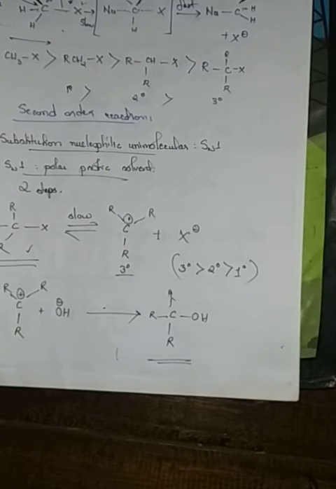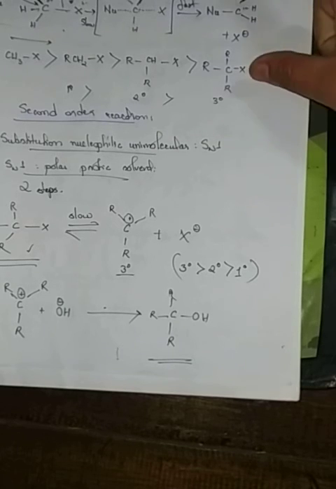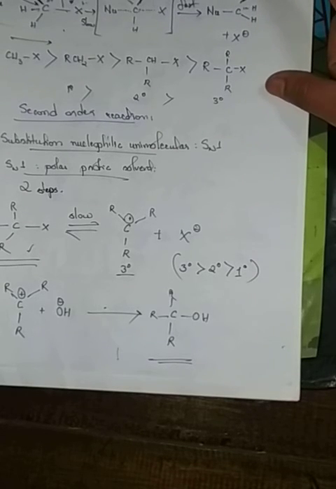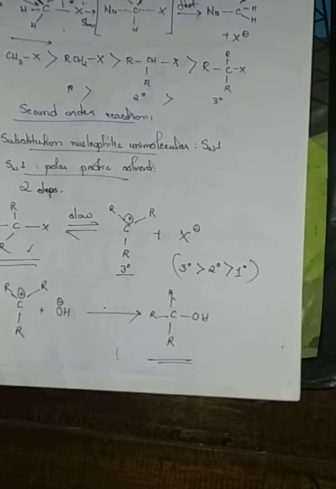Therefore, these are the two different nucleophilic substitution reactions that happen in haloalkanes. The first one is SN2 bimolecular substitution reaction, and the second one is SN1 unimolecular nucleophilic substitution reaction.